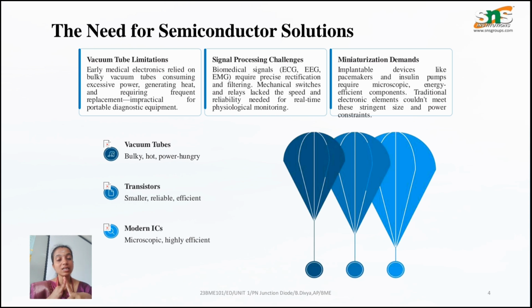Because ECG is for the heart, where we analyze the heart rate and the heart pumping, which has to be in a very precise form, or else the result for the patient will be different. EEG is for the brain, where brain signals are acquired according to how the brain functions. These are very prominent areas which have to be taken care of. The next is EMG, that is for muscles.